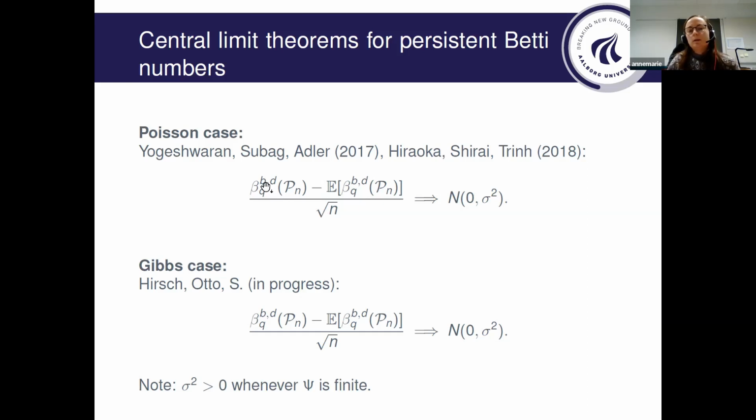So what we're really doing here, we take the summary statistic minus the mean and divide by the standard deviation. So we expect to get something that has a non-trivial distribution.